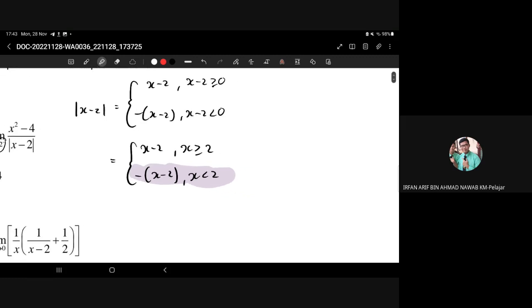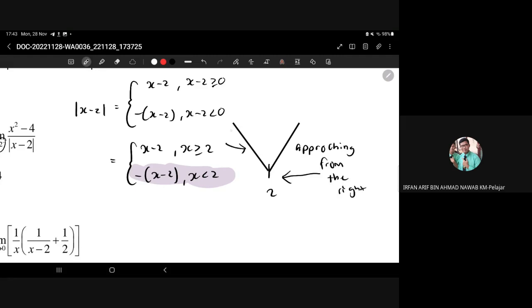But if you want to visualize it, let me draw a linear graph here. This is a piecewise function, and this here is 2. Over here, this is approaching from the right, and here is the left, approaching from the left.